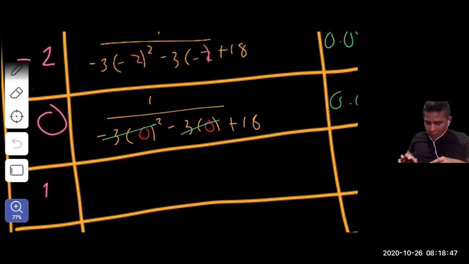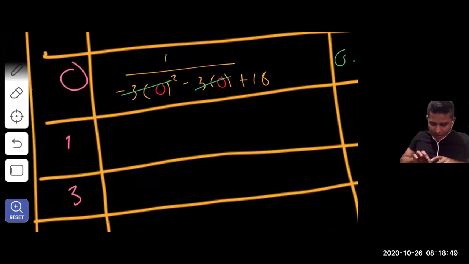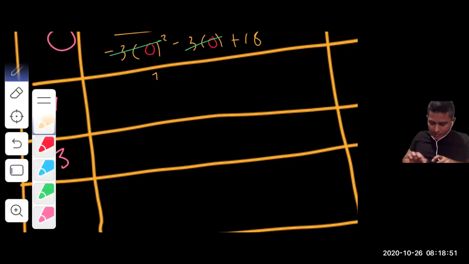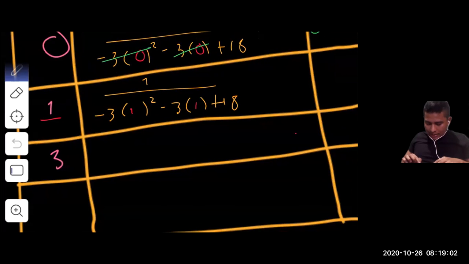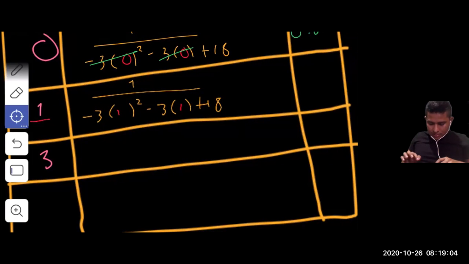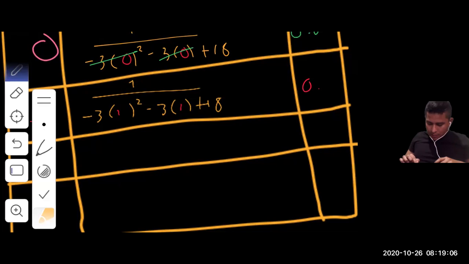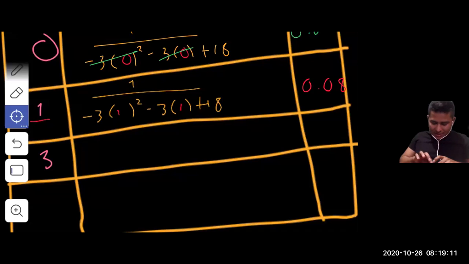Okay, let's go to the 1 and 3. Oh my gosh, we have a bunch of values here. It's 0.08, the last one. If we substitute in this case, 1, what do we get, guys? 0.08. Like this? Yes.